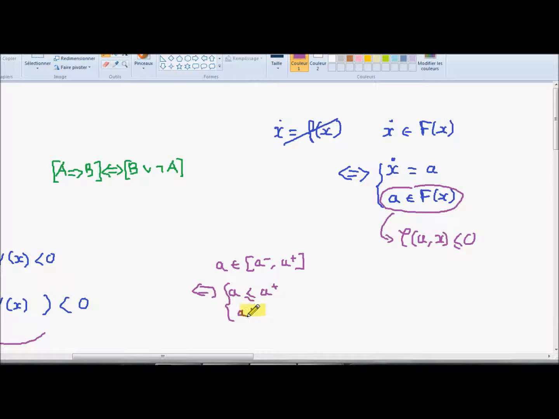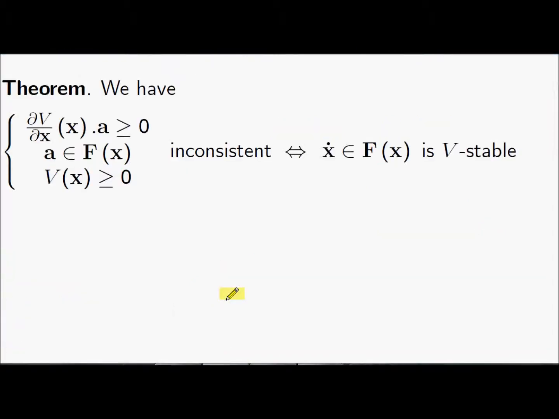So the membership relation can be transformed into inequalities. What happened here? I have replaced f of x by a, and I have added the fact that a, which corresponds to f of x, belongs to this, which corresponds to inequalities. And I have the same theorem as before, except that now I am able to deal with differential inclusion.